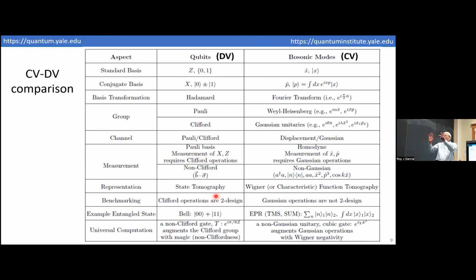So this is a big table summarizing these analogies between discrete variable and continuous variable, DV and CV, systems. I won't go through all the details, but this is taken from our paper, and I put it here if people want to look at it later when the slides are made available.